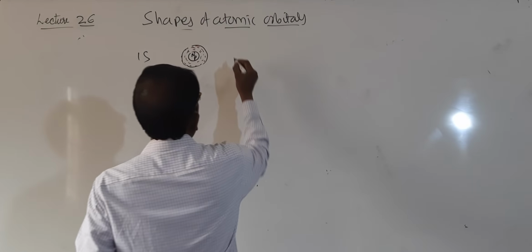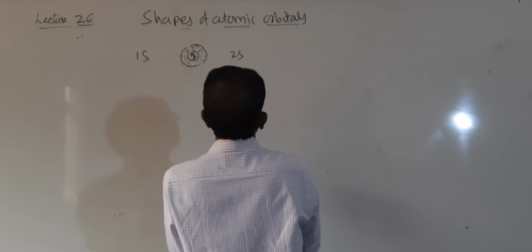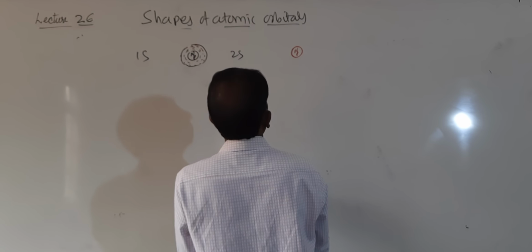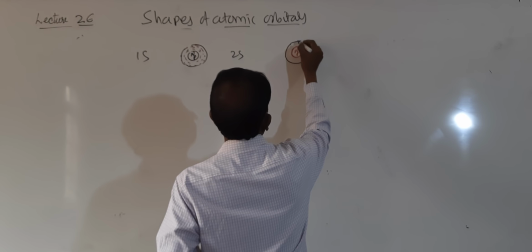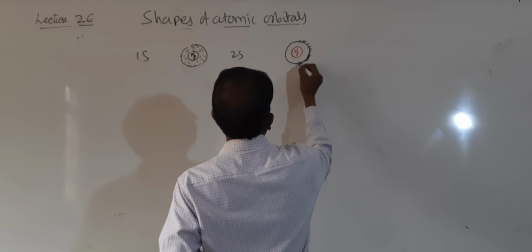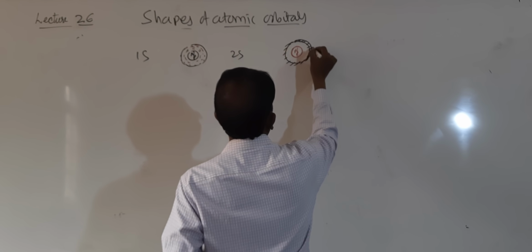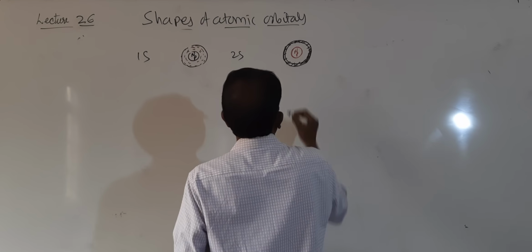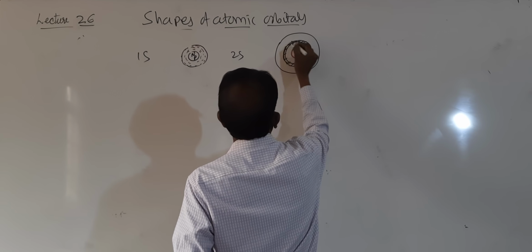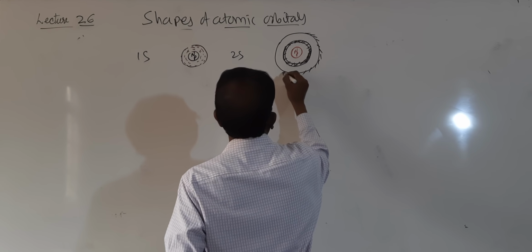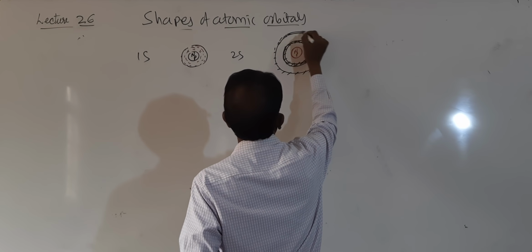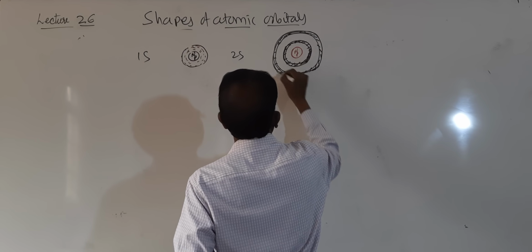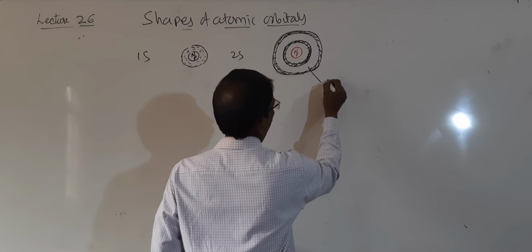And for 2s, look here. Friends, this is called a node.